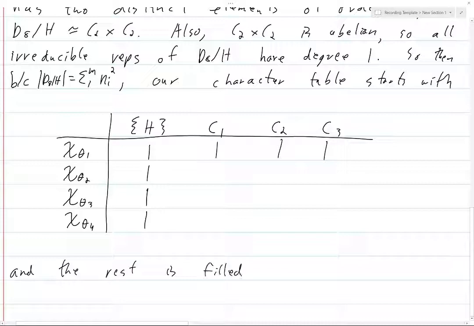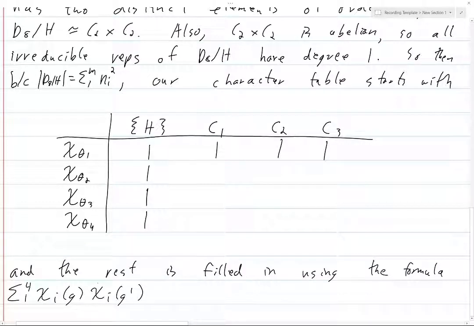Okay, so then our character table starts with this, and the rest is filled in using the formula. Let's see here, the sum from 1 to 4 of chi_i(g) times the conjugate of chi_i(g') equals, actually, let's write this the way that it would look for this problem: the sum of chi theta_i of g times the conjugate of chi theta_i of g' is equal to the order of D8 mod H divided by the order of the conjugacy class of g if g' is in C_g, and 0 otherwise.